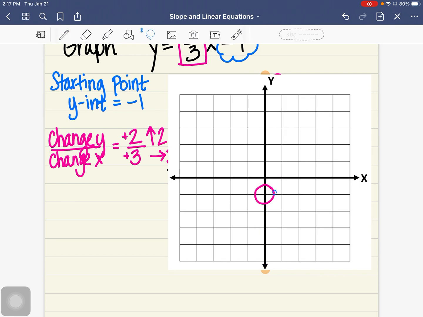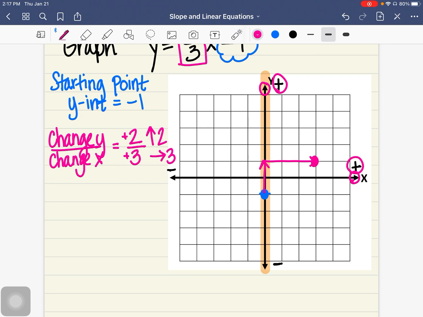I need to go up 2 from here and then to the right 1, 2, 3. Wherever I end up, that's my new point.